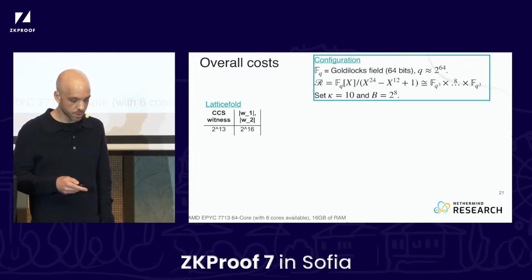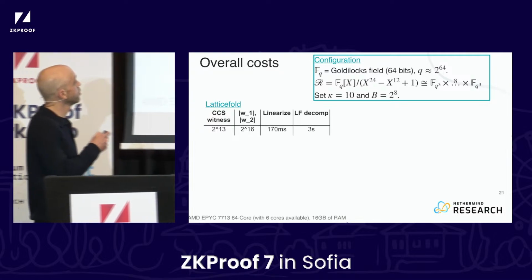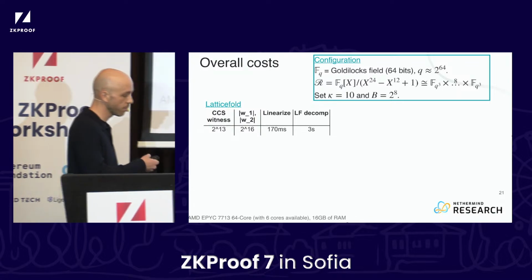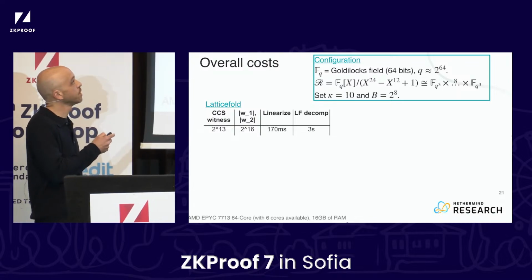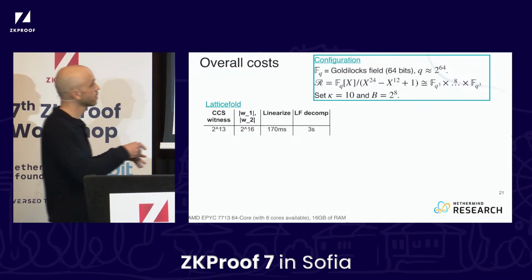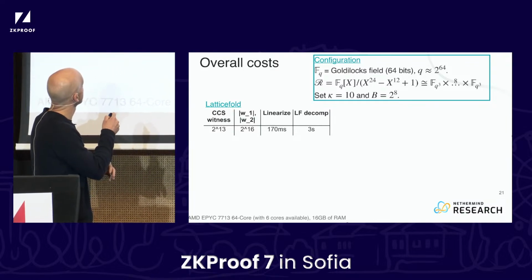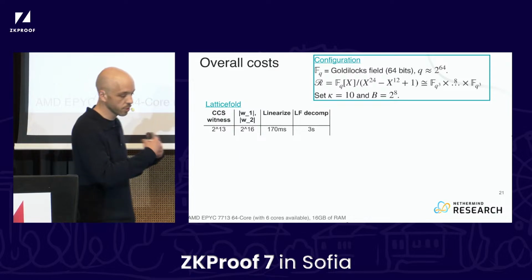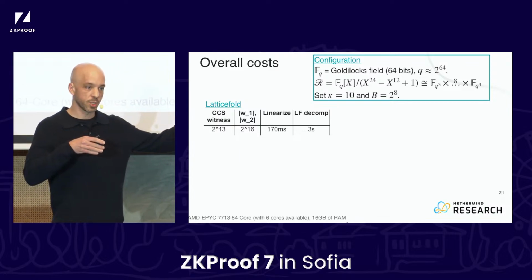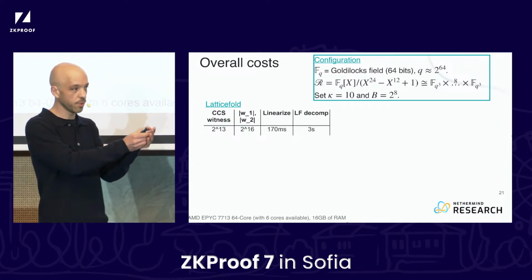So the overall costs for LatticeFold to fold 2 instances for a CCS witness of size 2 to the 13 with the configuration I mentioned means that our witnesses have size 2 to the 16. If your CCS witness has size 2 to the 13 and you want to commit to the vector, you have to split it into several chunks because of the norm bound restriction I explained.